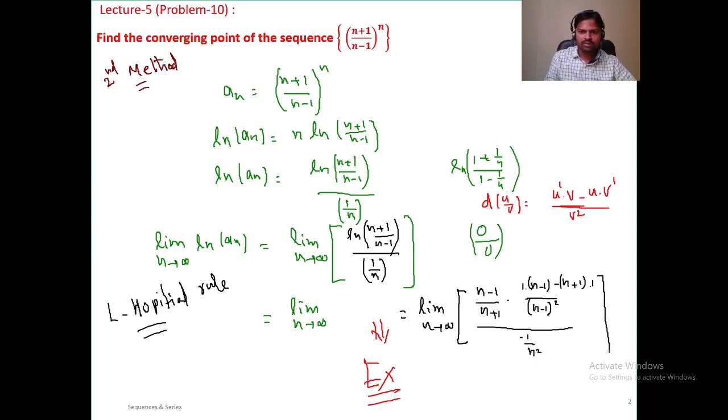This is after differentiation. Let us simplify this.